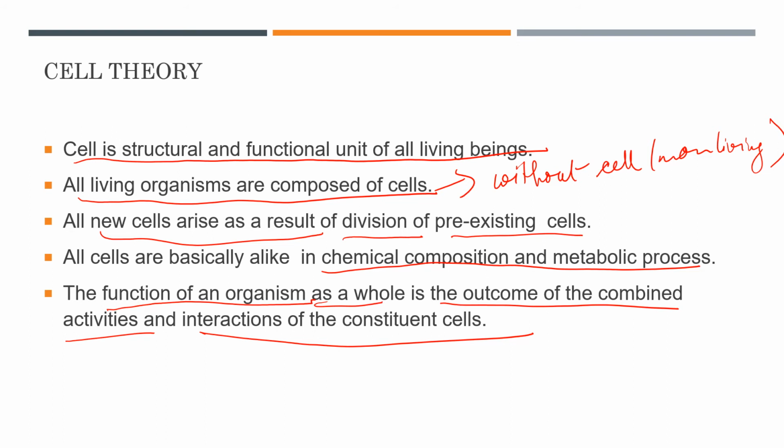So this is the basis of cell theory. Now these five are very important points. I think you should learn them properly so that when you have a question on cell theory, you write these five points as the main points. Now let us move on to the types of cells.